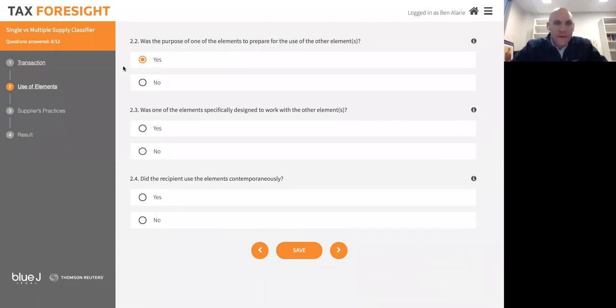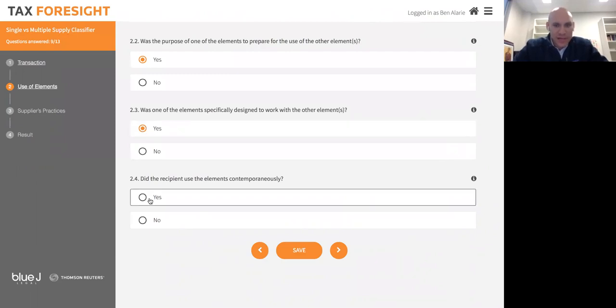So that's true. Was one of the elements specifically designed to work with the other elements? Yeah, for sure. The treatment plan is totally tailored to the particular kind of orthodontic appliance that the dentist thinks is going to actually advance the patient towards the desired objective.